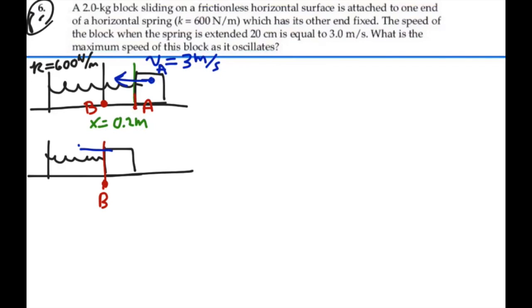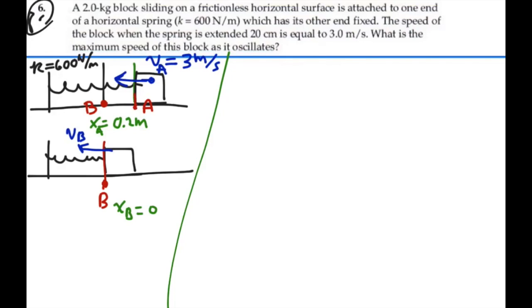So this will be our maximum possible speed occurring at equilibrium when x is equal to 0. So x at B equals 0. This would be x at A.